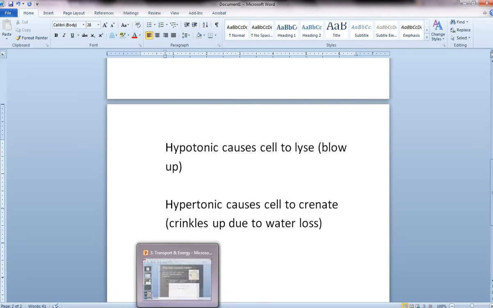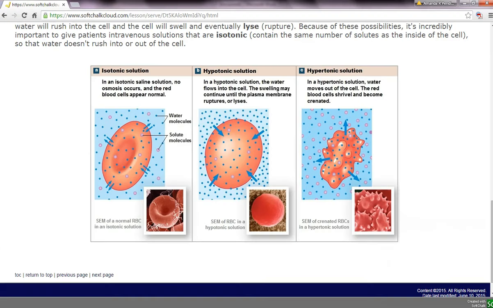Now, why does that matter? What happens in each of these situations? Well, isotonic red blood cells, normally they're going to be carrying oxygen around our blood, and we need these cells shaped a certain way because they are going to fit single file through many of our smallest blood vessels called capillaries. Well, if they blow apart, they can't carry anything.